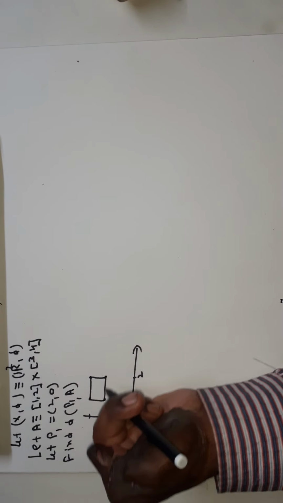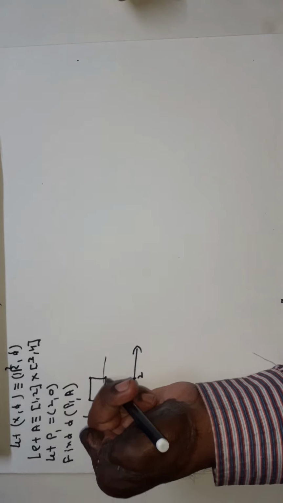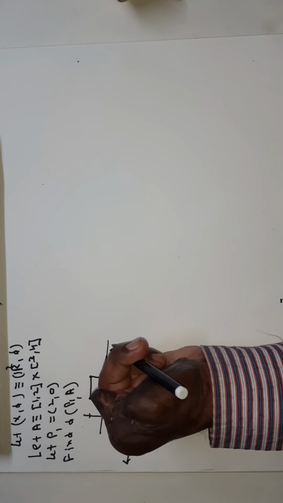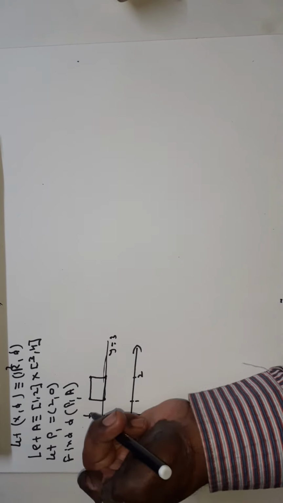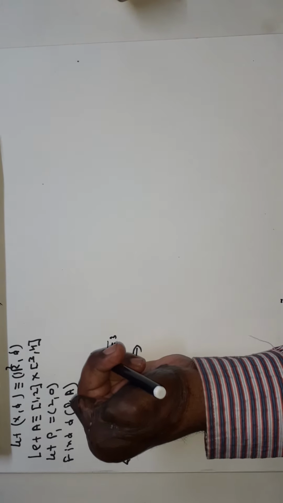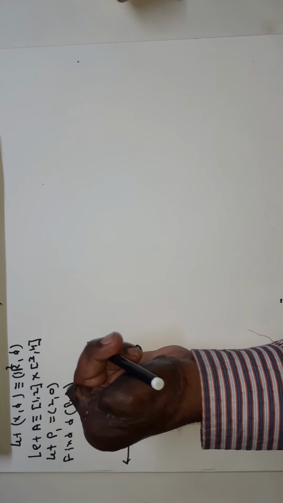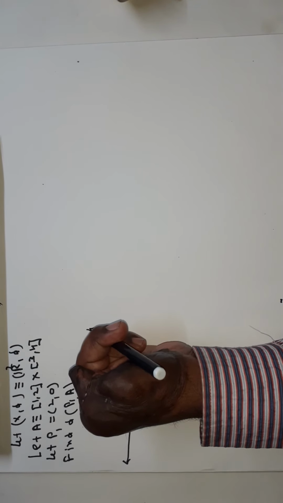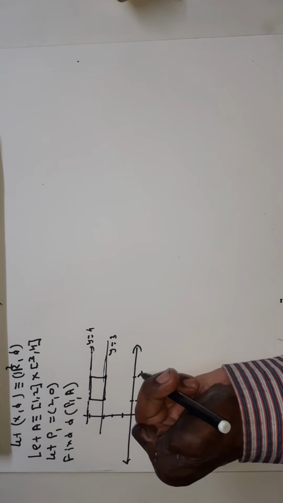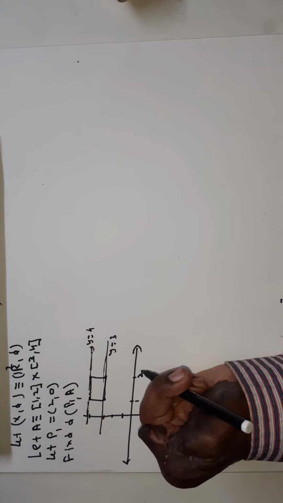Consider these two lines. The equation of this line is y = 3 and the equation of this line is y = 4, and (2, 0) is on the x-axis.